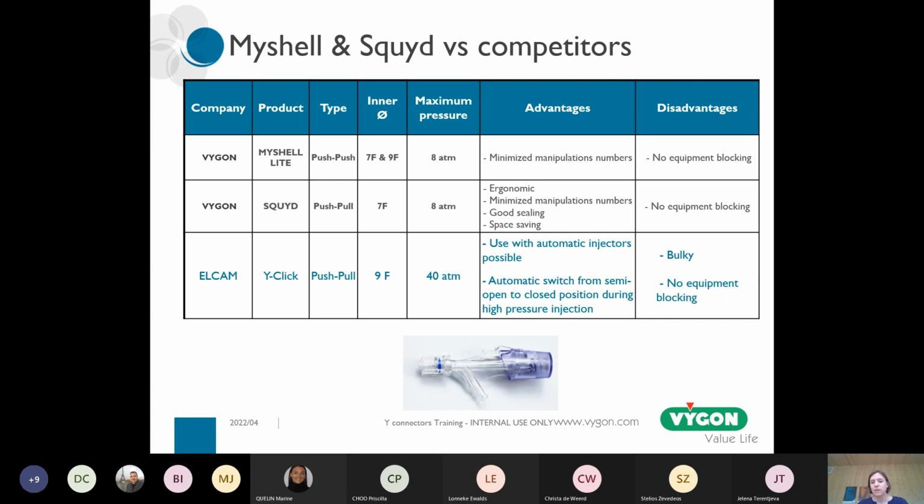And there is an automatic switch from the semi-open to the closed position during the high pressure injection. We know that during the injection, the material has to be maintained, okay, and the valve has to be closed. So with that valve, it is automatic. When there is the injection, you have the closed position. The disadvantages are that it is bulky and there is no equipment blocking system.